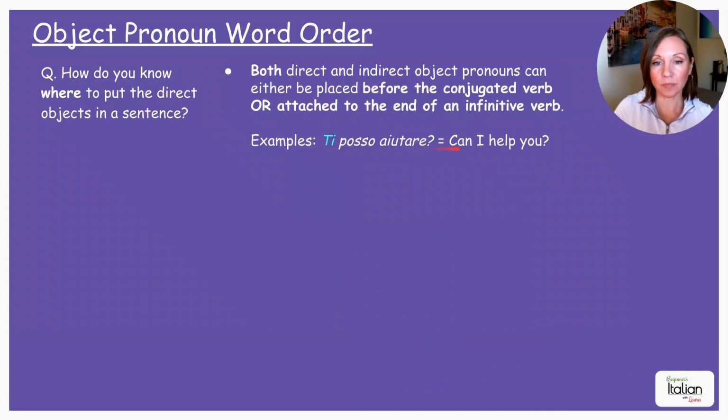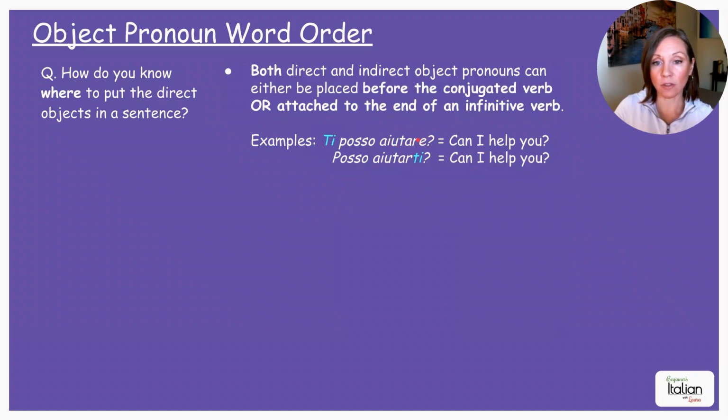Can I help you? So we put it before the verb, "ti posso," before the conjugated verb. So "ti posso aiutare?" Can I help you? Or you can say "posso aiutarti?" Can I help you? Okay, so here we're attaching it to the end of the infinitive verb.